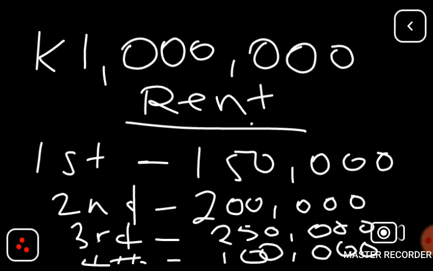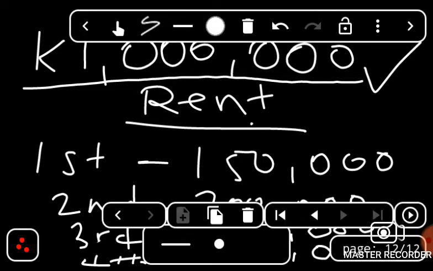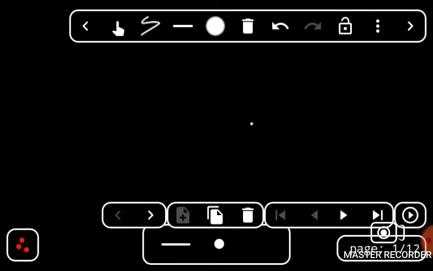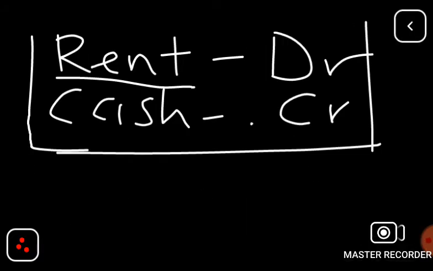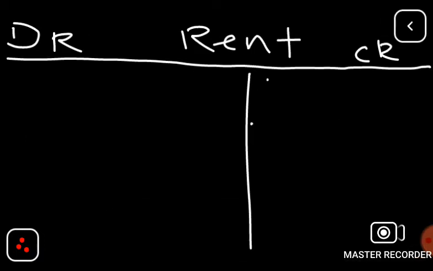What we're going to do is this amount here that we're supposed to pay is the amount owing. For us to pay out this amount, we must credit the cash that we are giving out. If you look at our double entry, it was debit rent. So we're going to go into our rent account and write the 1 million down.